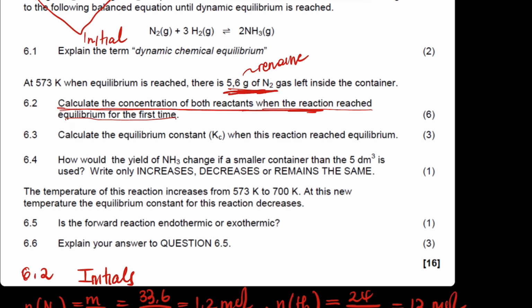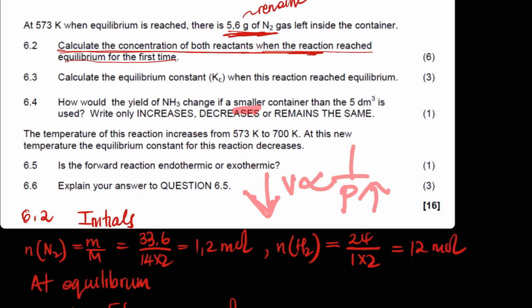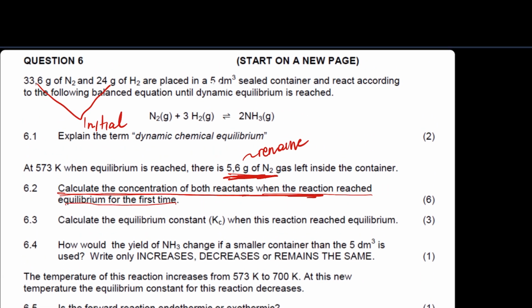The volume and the pressure are inversely proportional. So if the volume has been decreased, with a smaller container, that means the pressure has been increased. So an increase in pressure, what does it do?